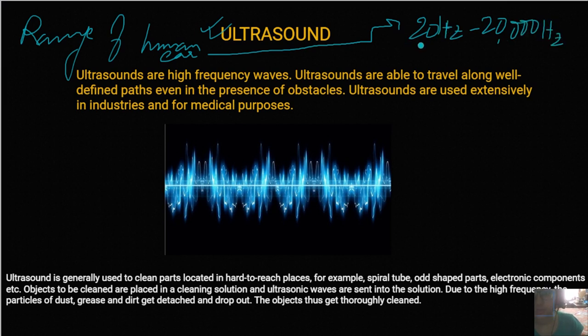In between this frequency, if a sound is produced, the human ear is able to hear it. If it is less than 20 hertz, it's inaudible to our ears, and if it is more than 20,000 hertz, then also it is not possible for us to hear. So ultrasounds are basically high frequency waves. When we are talking about ultra, it means more than 20,000.